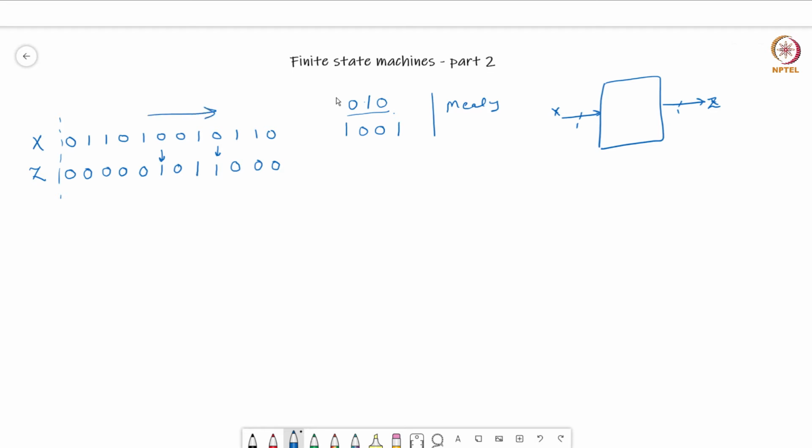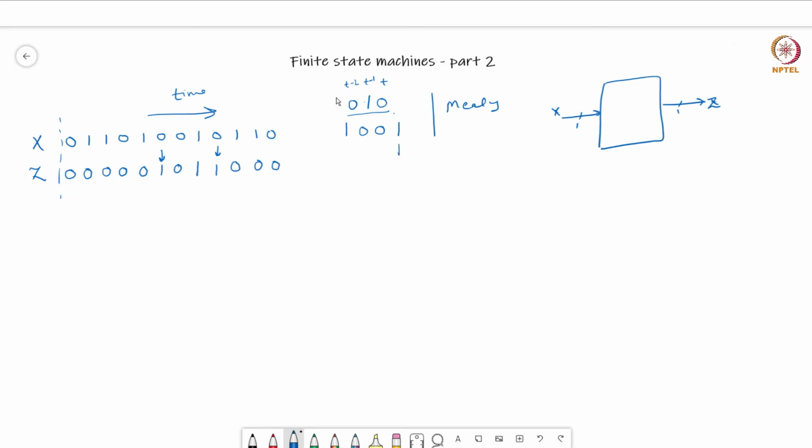Also let's understand that as we are going in this direction, time is increasing. So this particular 0 is available at time 0, this is available at time 1, this is available at time 2. At any point of time we are looking into the past. When we are saying that we have to match 0 1 0, this should be at t, this should be at t minus 1, this should be at t minus 2.